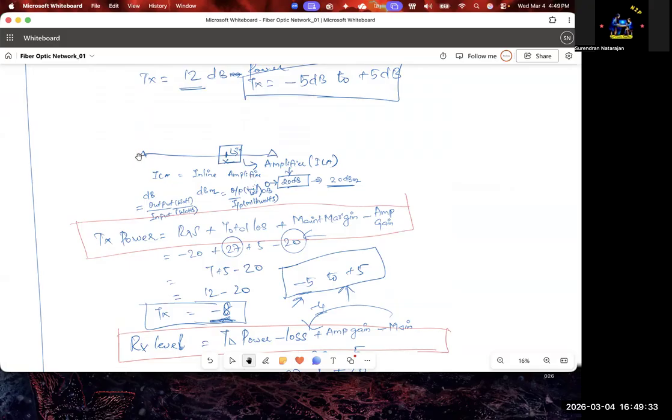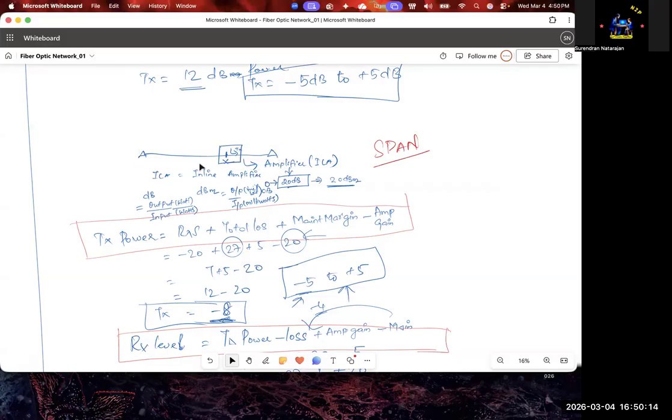I often use the word span. Span means the starting point to the end point where you are transmitting. A span can be between a transmitter and a receiver, or between a transmitter and an amplifier, or an amplifier and another receiver.